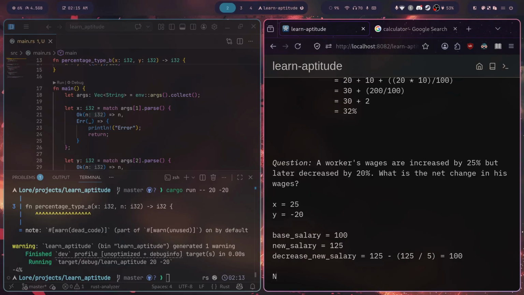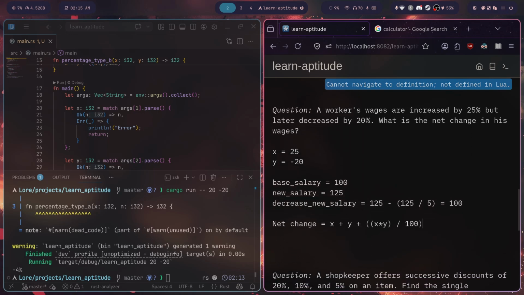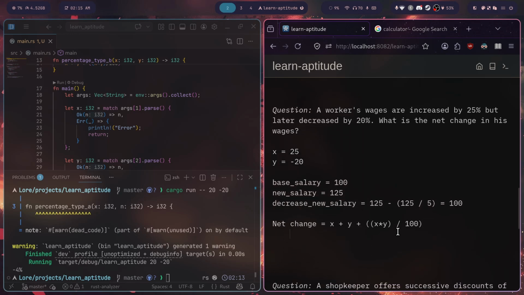Let's see if the net change formula is correct or not. My x value was 25. Sorry, let's just copy it from here first. My x value is 25.